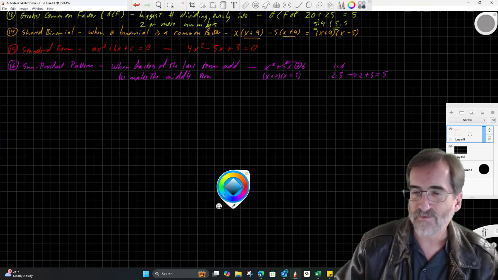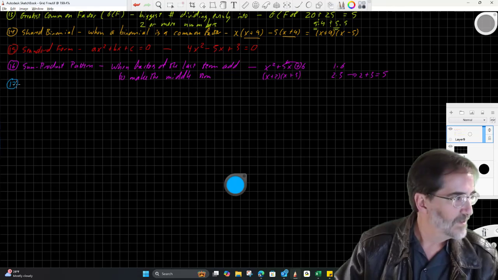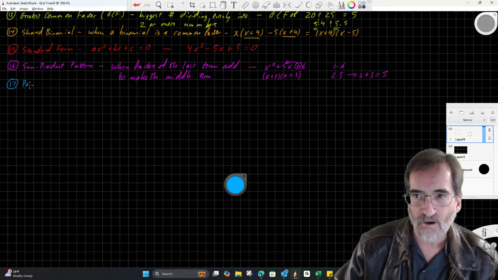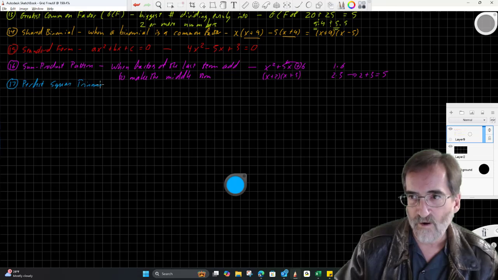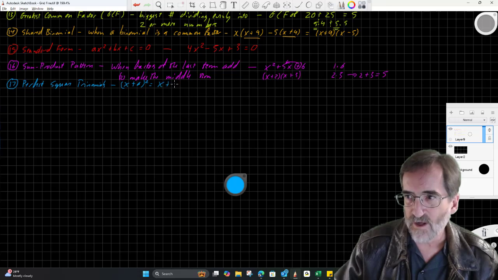17. Perfect square trinomials. Anything of this form: x plus a squared equals x squared plus 2ax plus a squared.